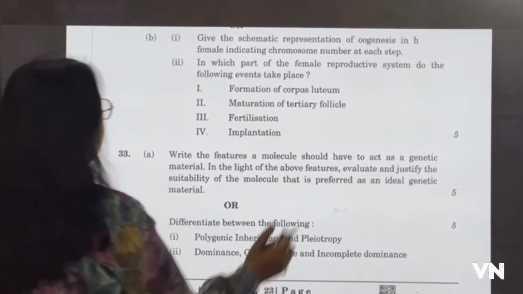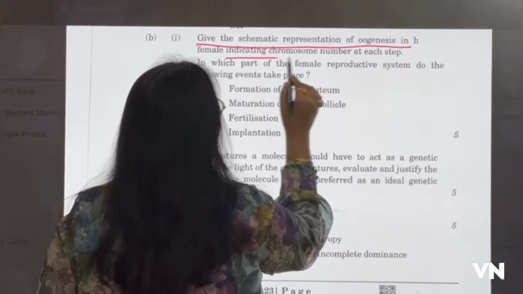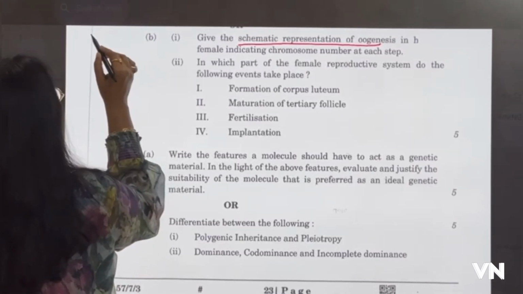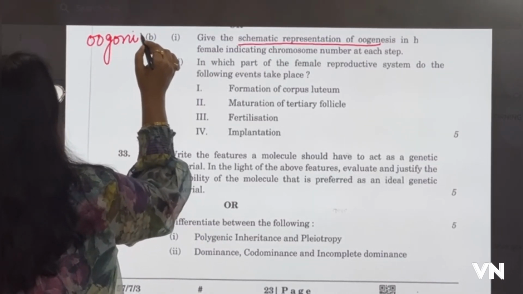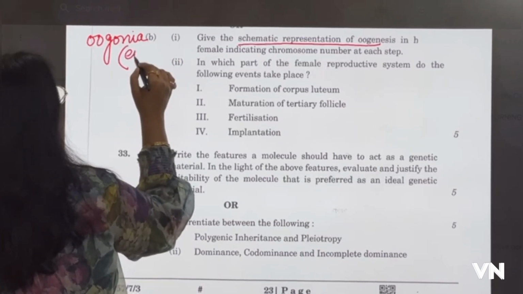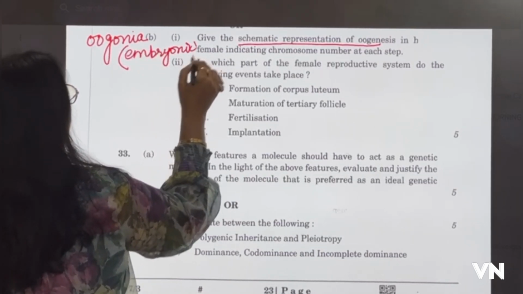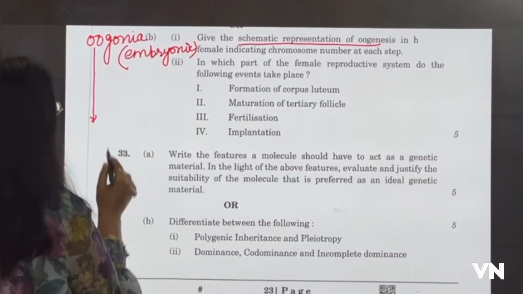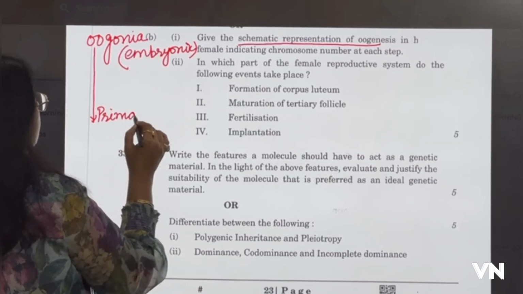Next, the schematic representation of oogenesis in human female indicating chromosome number at each step. Oogenesis starts in human female at the stage of oogonia during embryonic phase. Oogonia multiply and make primary follicle.